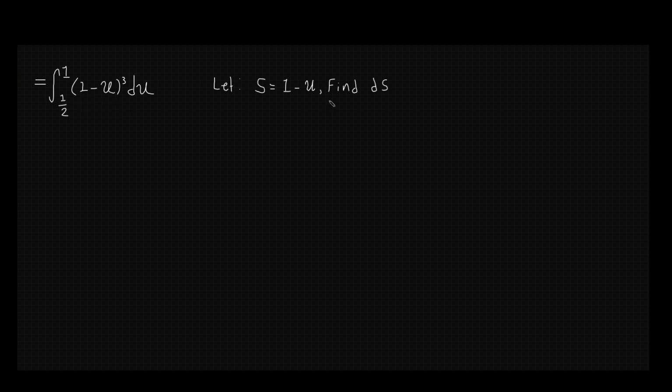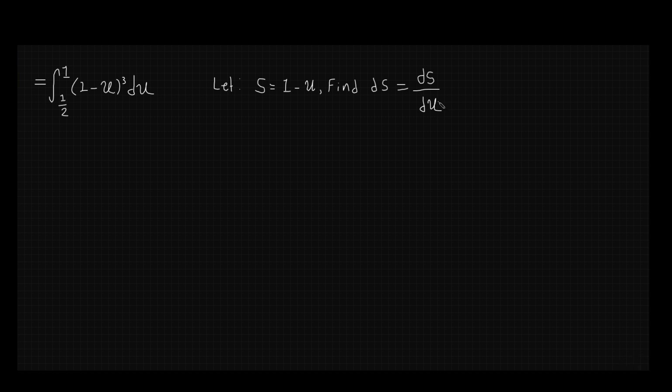Okay, and now I have to find the derivative of that, so find ds. Before we find the derivative, I just want to show you guys something really quickly. We have s equals 1 minus u, and you can think of s as a function of u, meaning u is the input and s is the output that we get using the rule s equals 1 minus u. We are looking for ds over du.